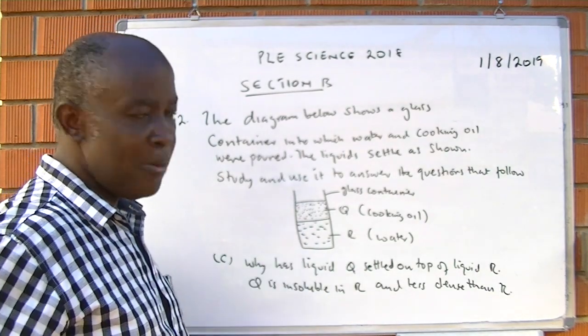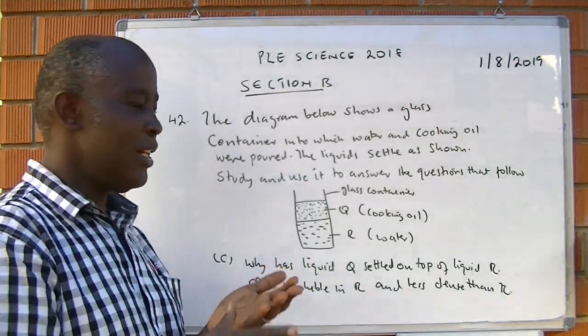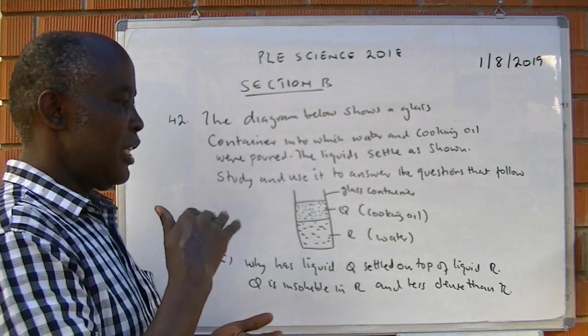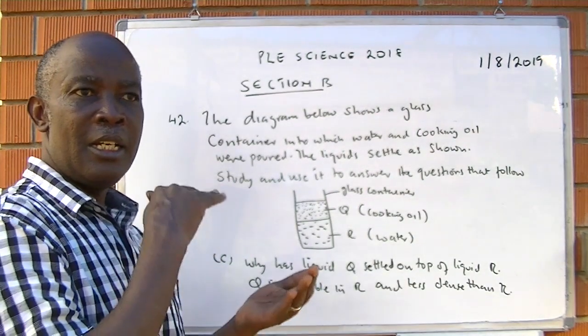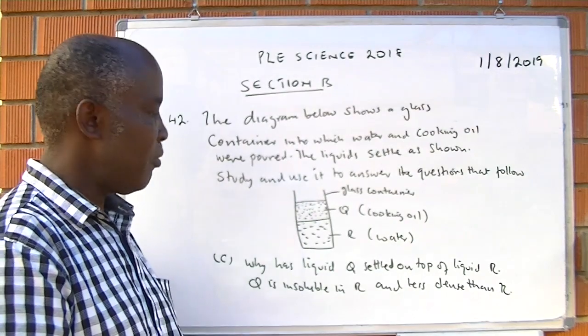But because they are insoluble, that's why they separate. And because Q is less dense than R, then Q settles on top of R.